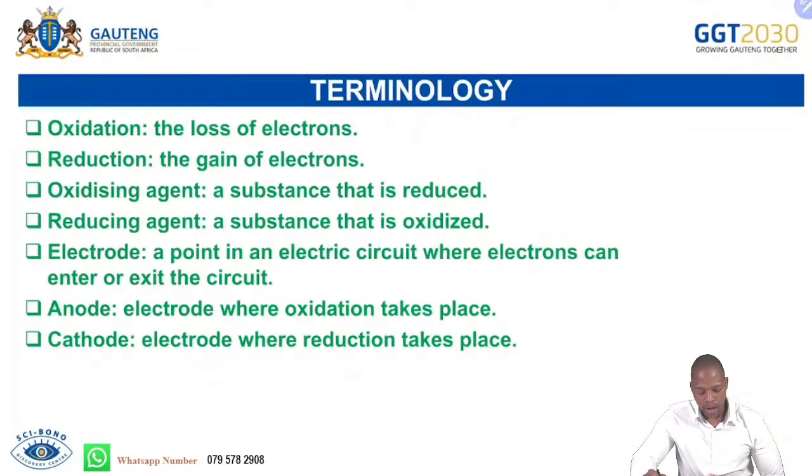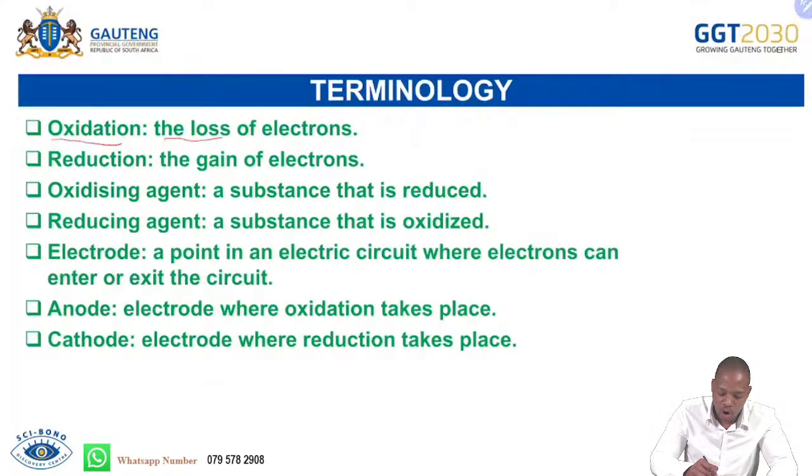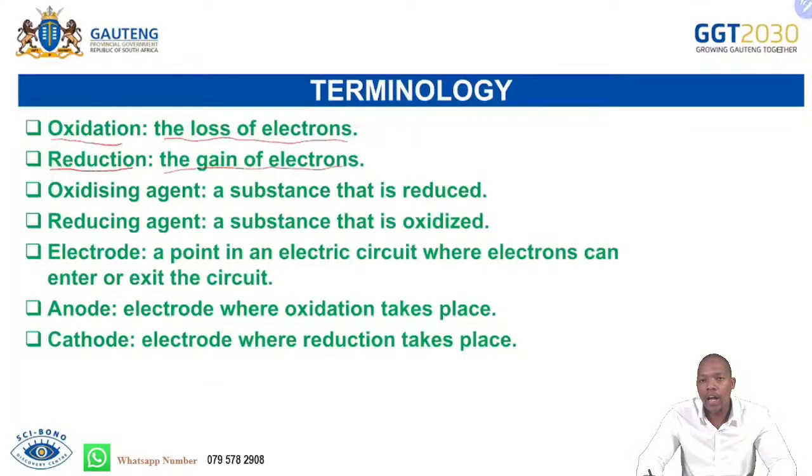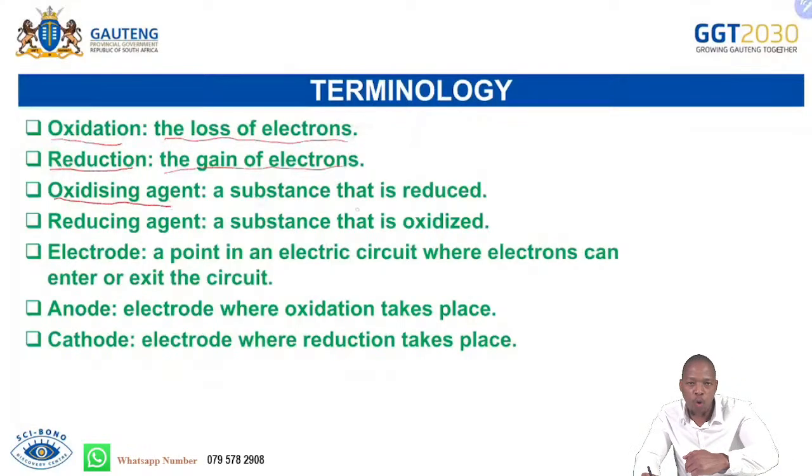So let's quickly familiarize ourselves with the terminology, some of the words that we are going to be using in this topic. The first one being what we've talked about, oxidation. Oxidation is the loss of electrons. And then reduction is the gain of electrons. An oxidizing agent is a substance that is reduced, a substance that undergoes reduction.